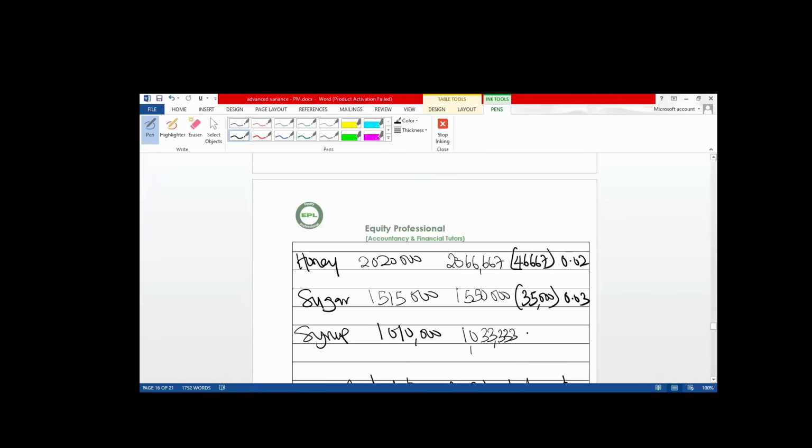Next, 1,000,000 minus 1,033,333, negative 33,333 multiplied by 0.025.